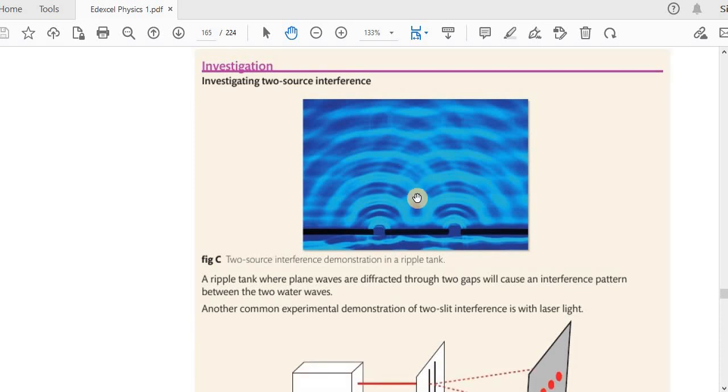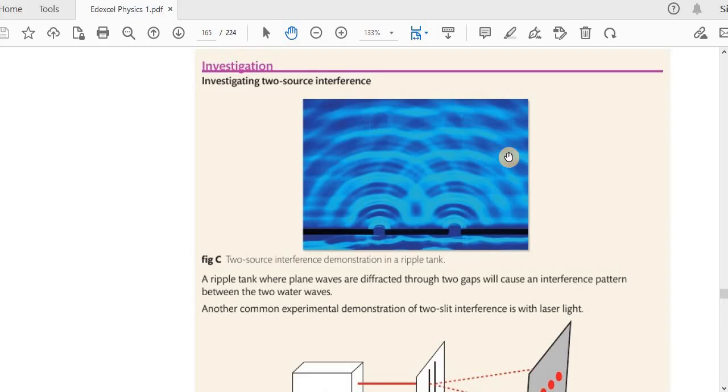And in a previous lesson, I think we saw under superposition, we saw this actually created in water waves and what it looks like. You will have a standing wave created here. The standing wave will have nodes and antinodes.